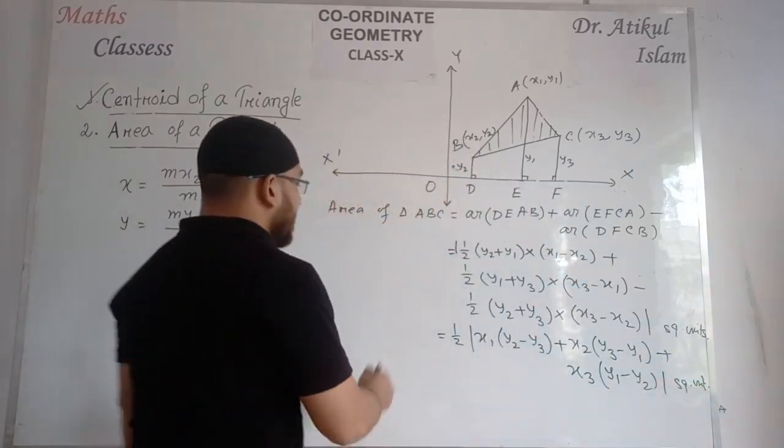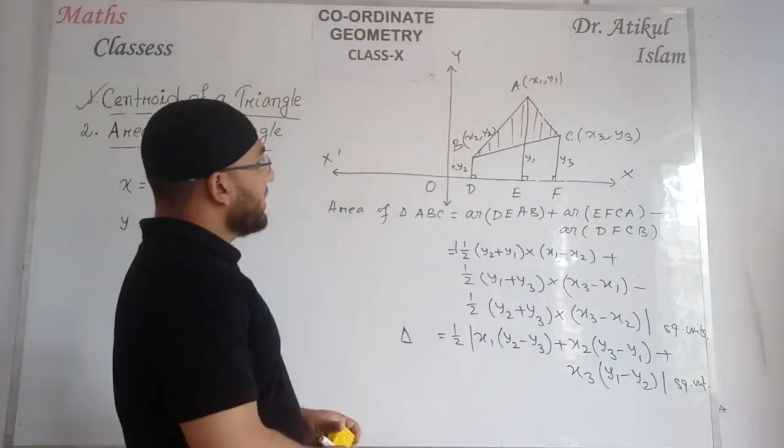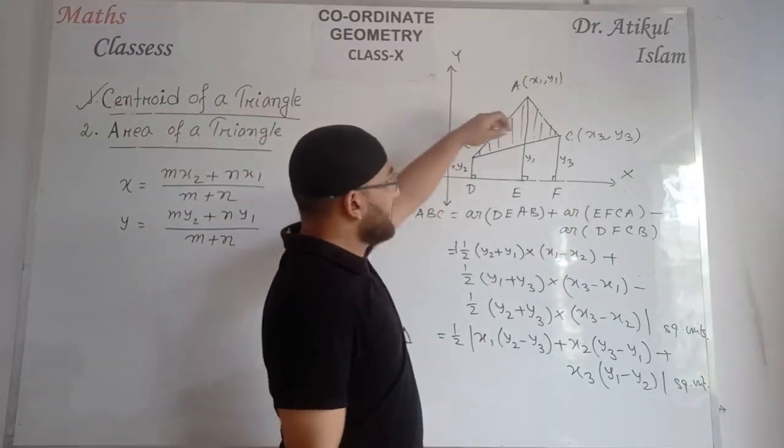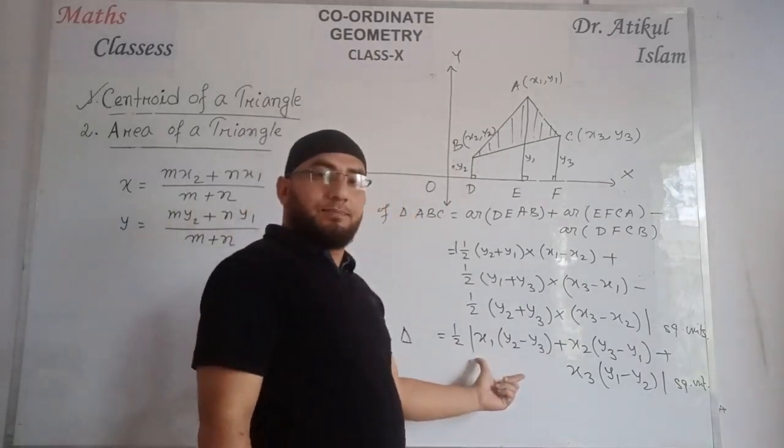So this is the area of the triangle, say this is delta. Whenever you have three vertices A, B and C, if you put them here, you will get the answer.